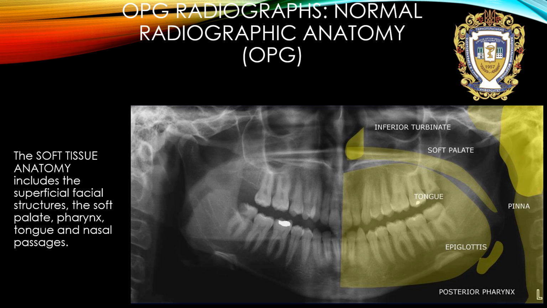They are visible: pinna, soft palate on right and left halves, inferior turbinate, epiglottis. What is this, doctors? You are right. It is the hyoid bone.